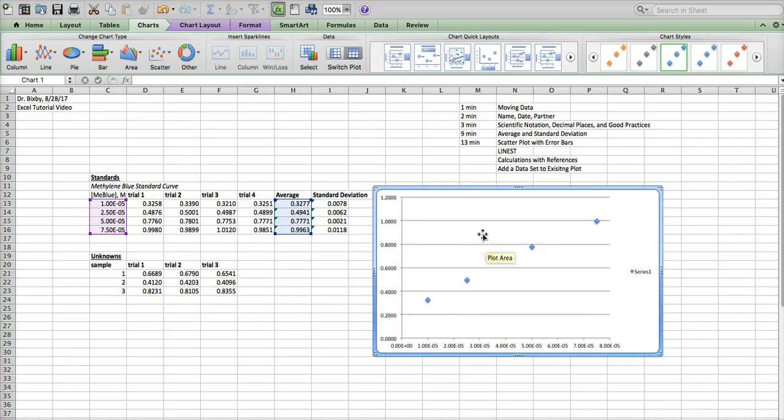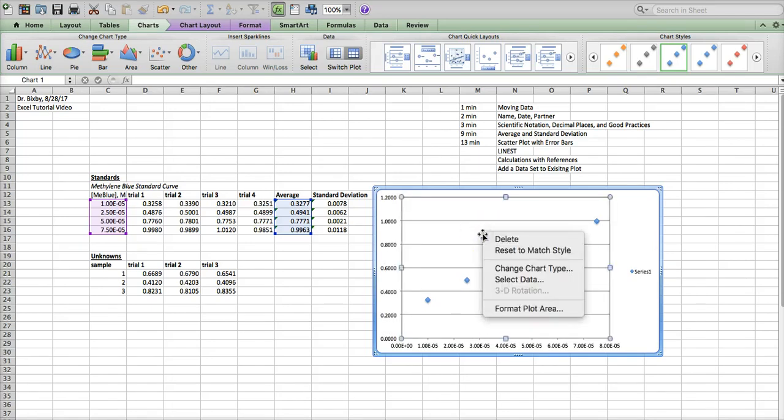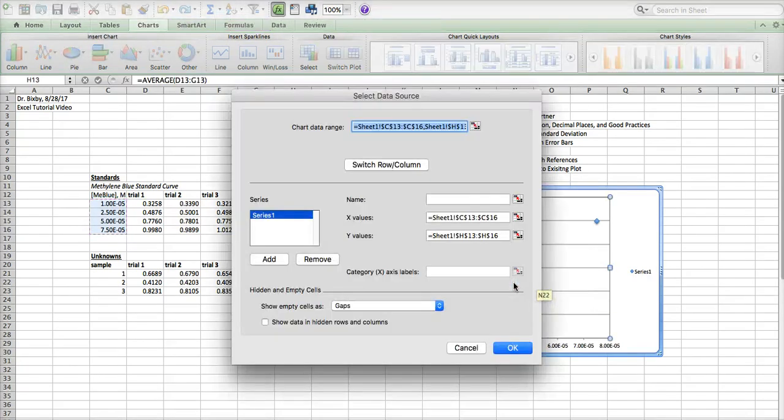Okay, here I'm basically left clicking or control clicking, and I'm going to go to select data, and that series of data that I have just selected here, now I can choose what I want on the x values, I can choose what I want on the y values. So I could change this to H, right, if I wanted to, and this as well, and then this to C, okay, to get back to the other way of x and y.